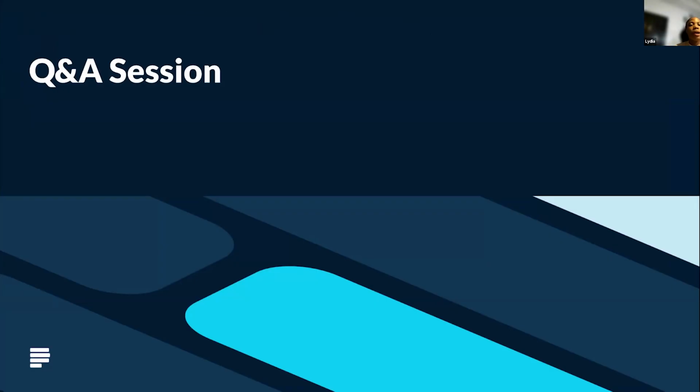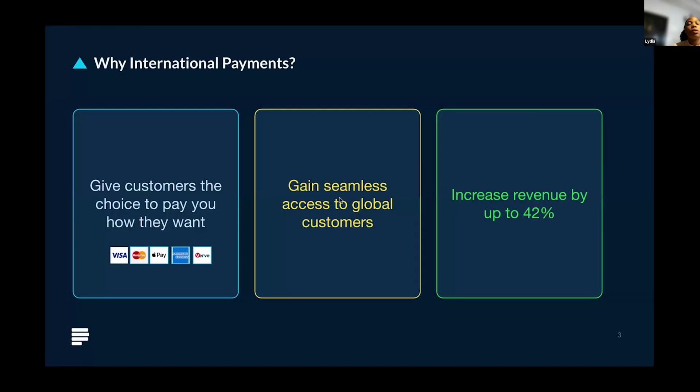I'll just do a quick recap of everything we've talked about so far, which is one, international payments is very important and it is very helpful for businesses when you want to increase your revenue and you want to support your customers that are beyond your local region.